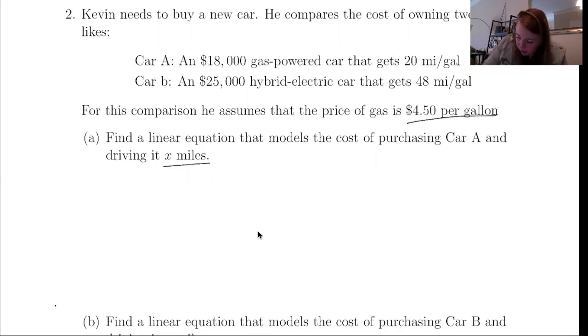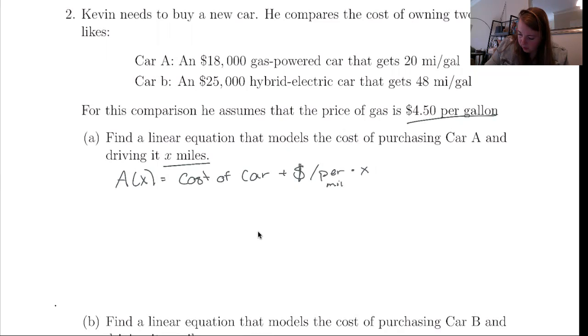Right, so purchasing car A, let's call that A of X, is going to be the cost of the car plus the amount of money we're going to spend per mile, and then times X, because that's the number of miles, right?